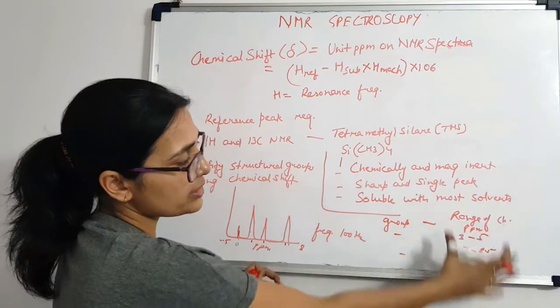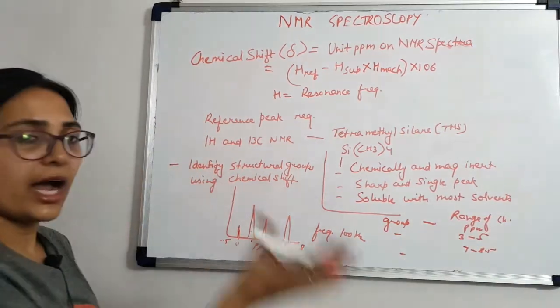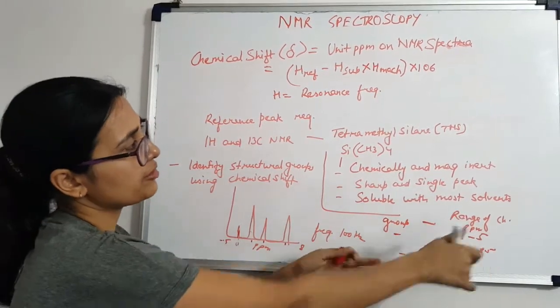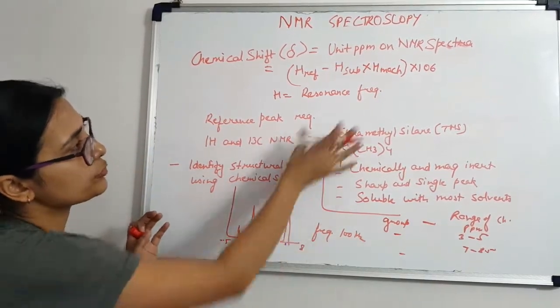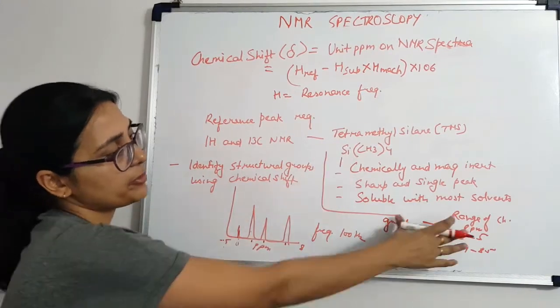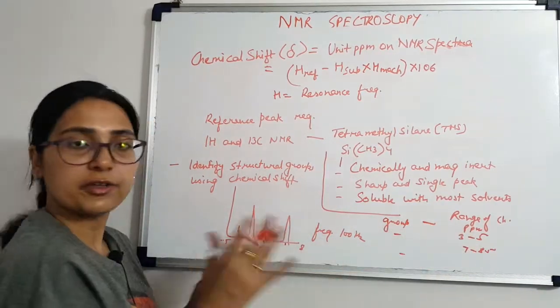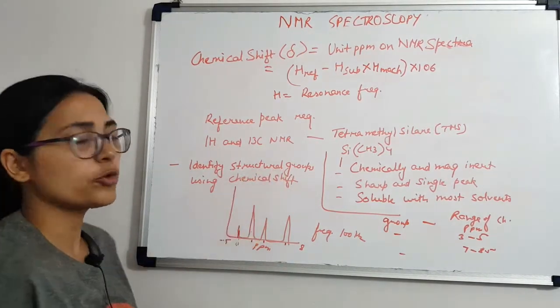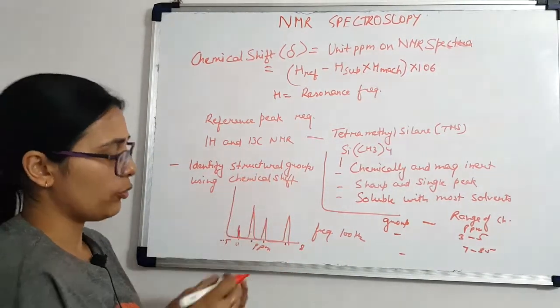From this reference range, you can identify different structural groups from your spectra, and you can calculate your chemical shift from this particular formula. So with a reference, with your spectrum, and with this range of chemical shift for different groups, you can identify different structural groups present in your compound.